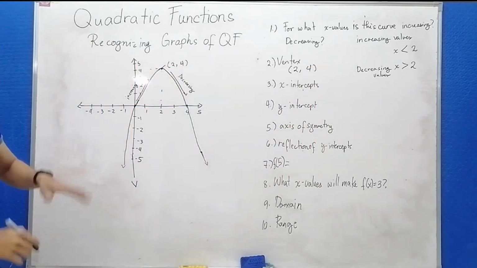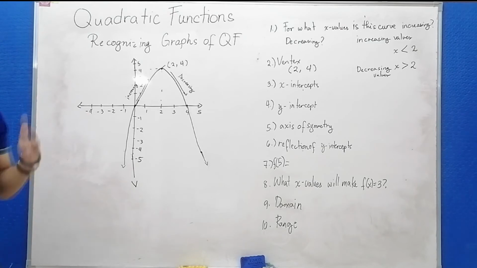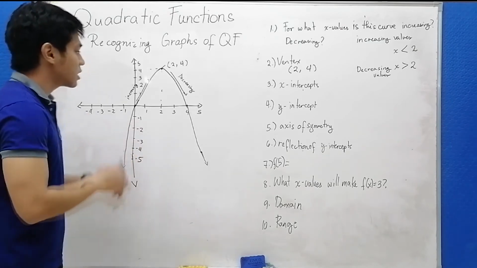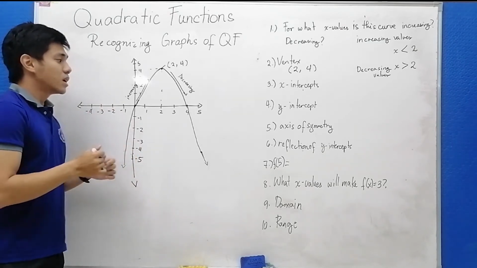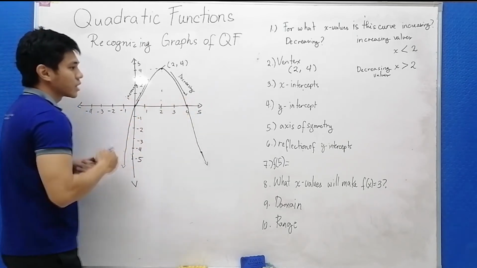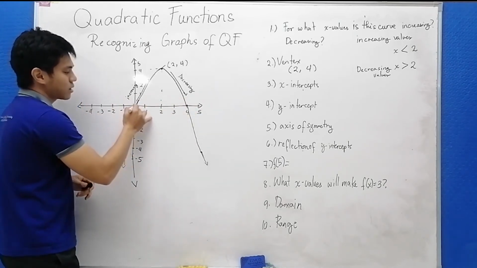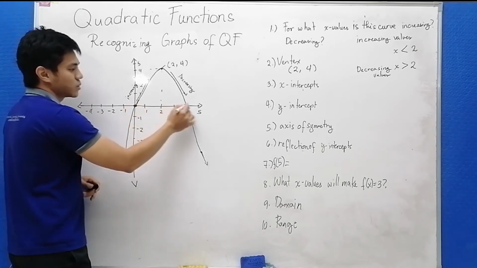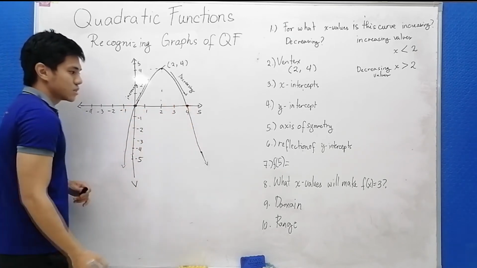Now let's go on to x-intercepts. As I was saying before, x-intercepts are the points in the Cartesian plane where the graph touches the x line. These are the two points where the graph touches the x line. We have (0, 0) and (4, 0).